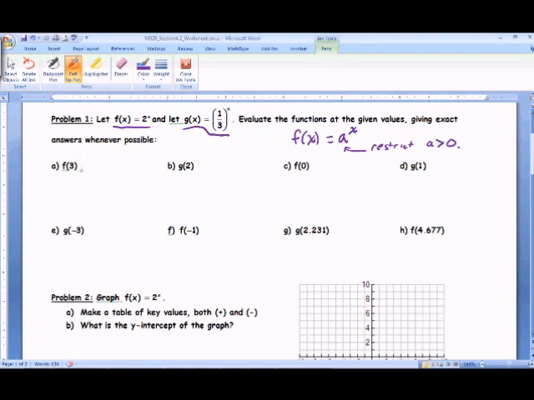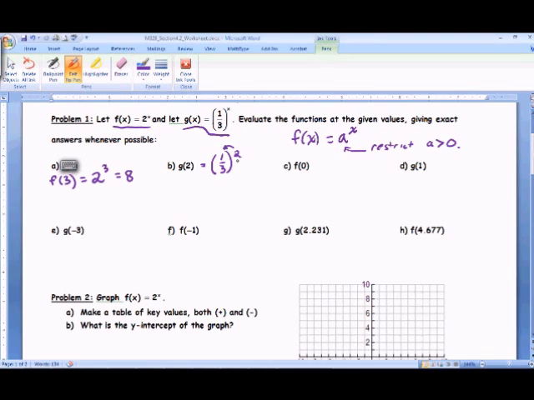Part A is f of 3. That means we just input the number 3 into the function f. So 2 to the third power, which equals 8. Same idea for g of 2: 1/3 to the second power.